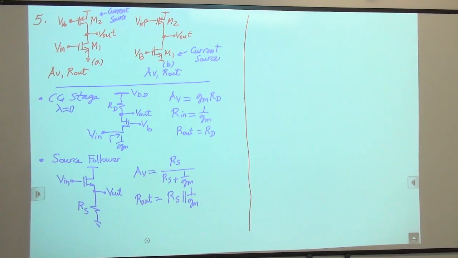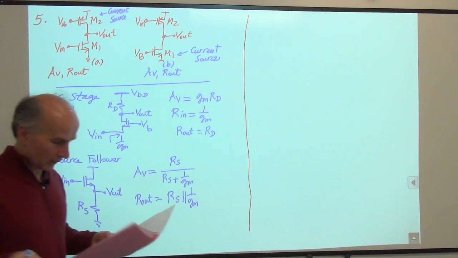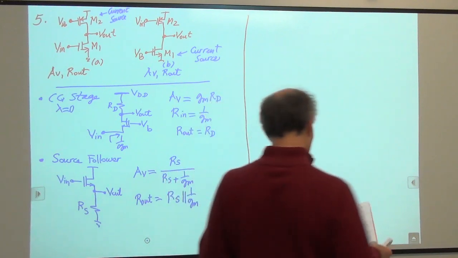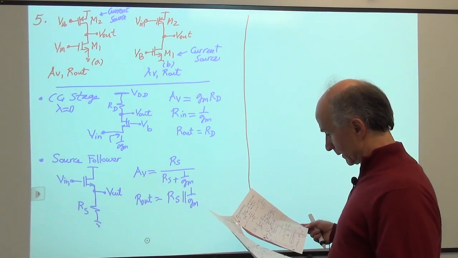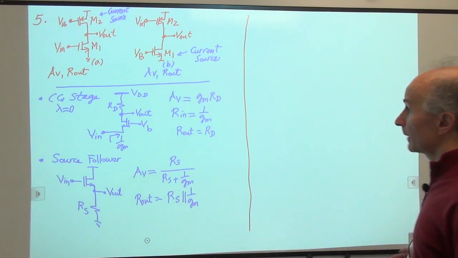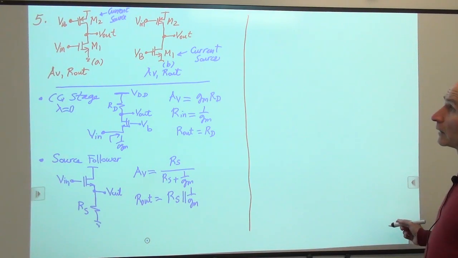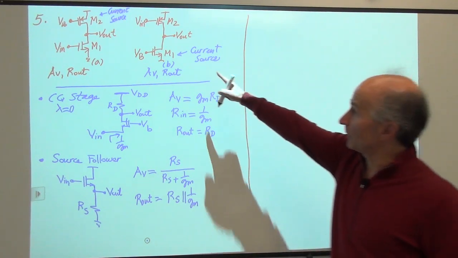Let's see. Problem number 5. Okay, I'm trying to make sure I'm going in the right order. So let's go back to the previous page to make sure we are keeping track. Okay, so that's problem number 5.